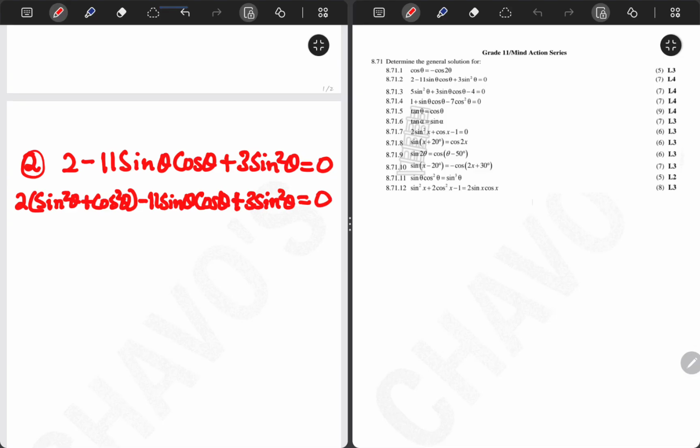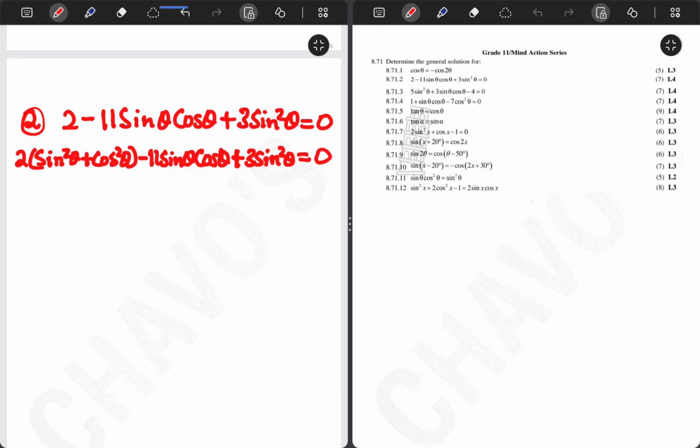So once you have this, now you can work it nicely. You had to remember this. Why? Because we've got the mixture of sine and cos. Whenever you come across sine cos, you need to apply the square identity, all right?